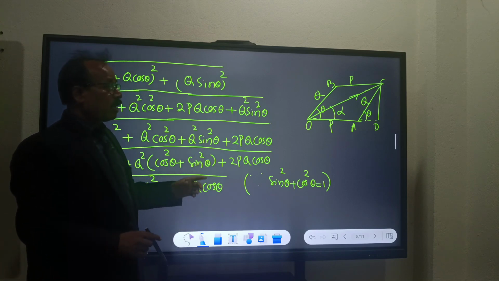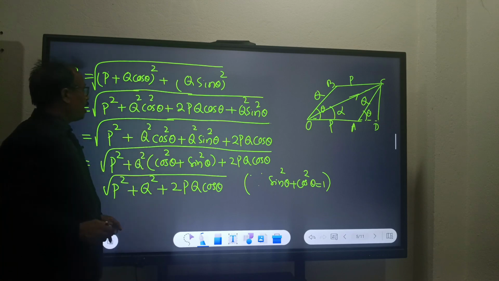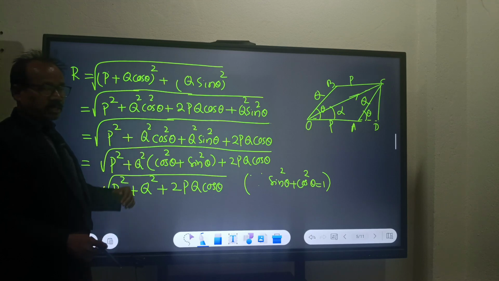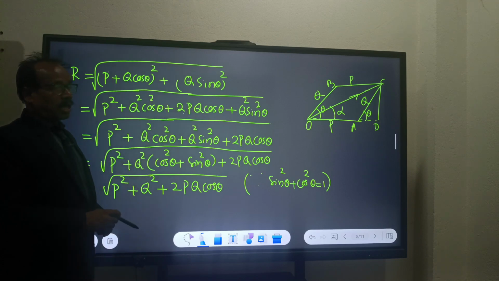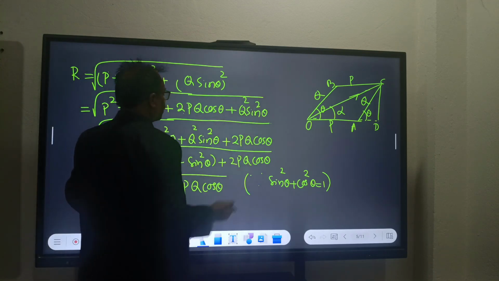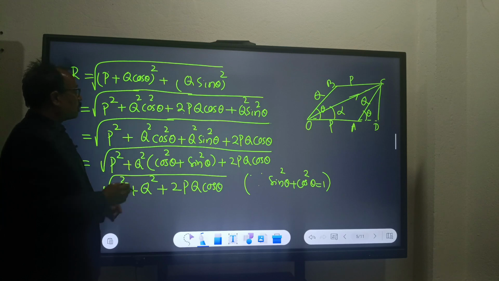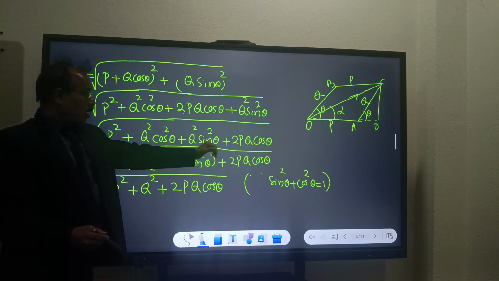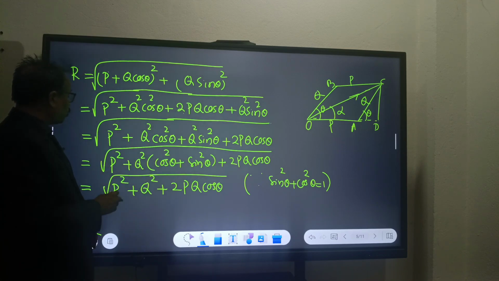In this equation, A is equal to P, B is equal to Q cos theta. Therefore, R square is equal to P square plus Q square cos square theta plus 2PQ cos theta plus Q square sin square theta.